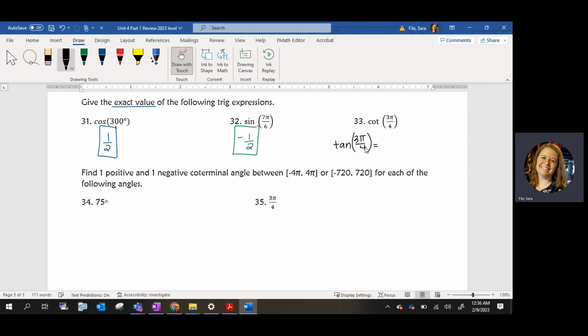So 3 pi fourths is in quadrant 2, where tangent is negative, and that's a pi fourths reference angle where tangent is 1. So it's -1. Well, the reciprocal of -1 is -1, because 1/1 flipped is still 1/1. So when tangent is -1, cotangent is also -1.